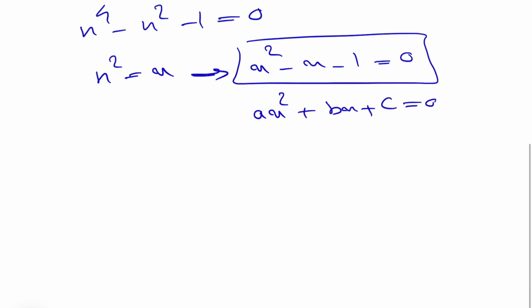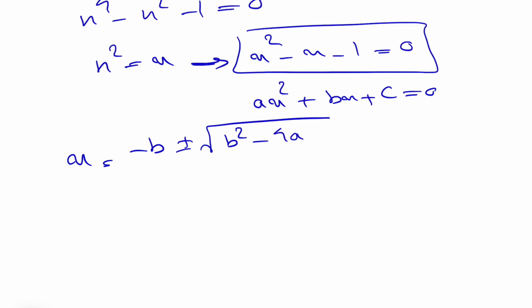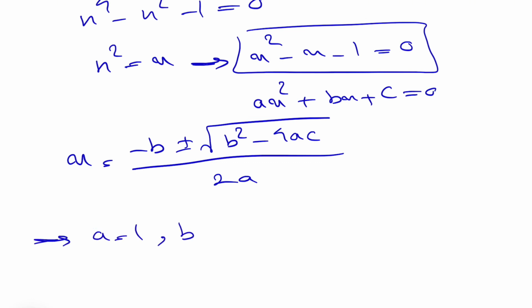If we want to find x, we have minus b plus or minus the square root of b squared minus 4ac, over 2a. In our equation, a is 1, b is minus 1, and c is minus 1 as well.